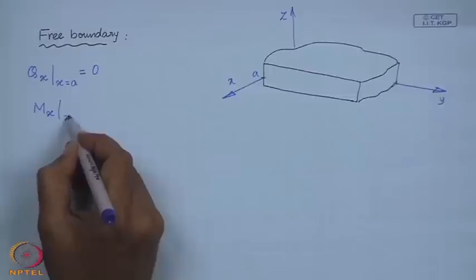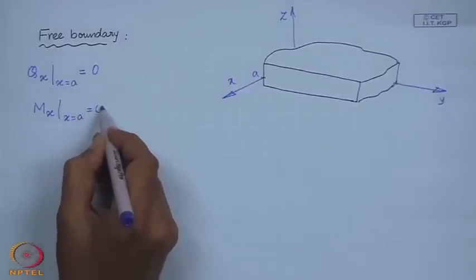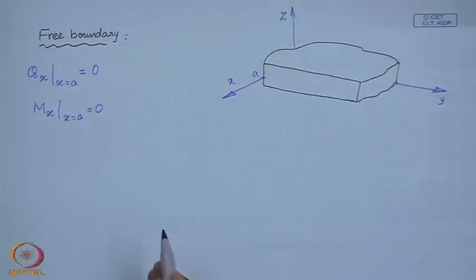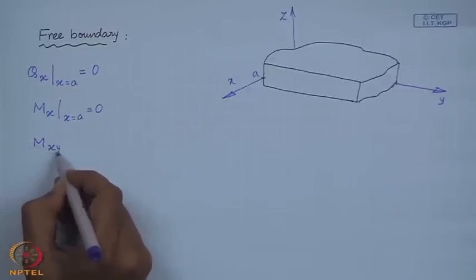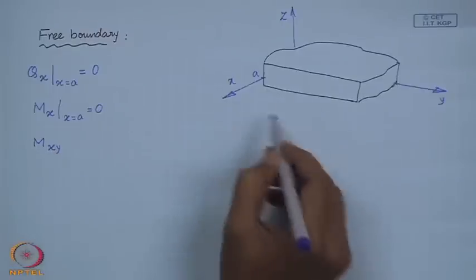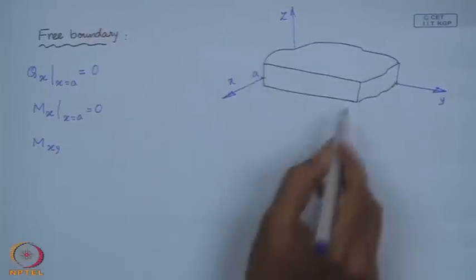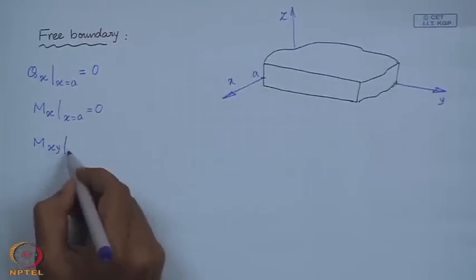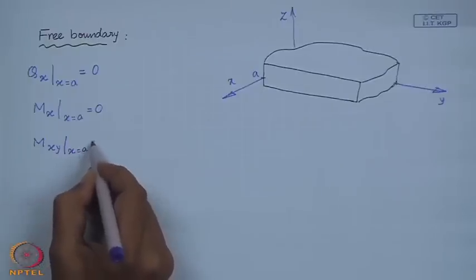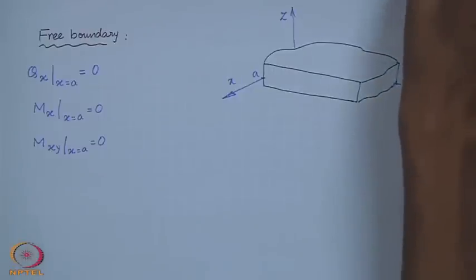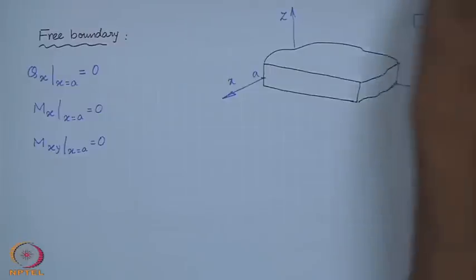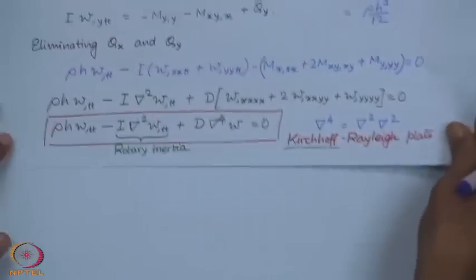The moment equal to 0, and in addition we have another moment because of the in plane shear stresses, that also has to be put to 0. But you see, this differential equation of the plate is 4th order.